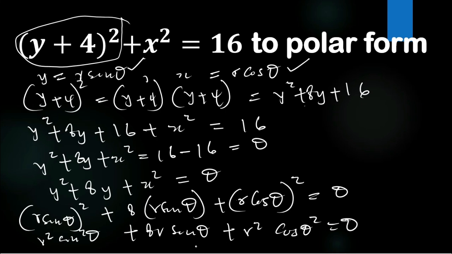I know that sine squared theta plus cos squared theta is equal to 1, so I can collect like terms between r squared sine squared theta and r squared cos squared theta.